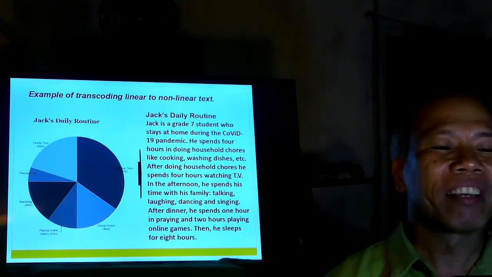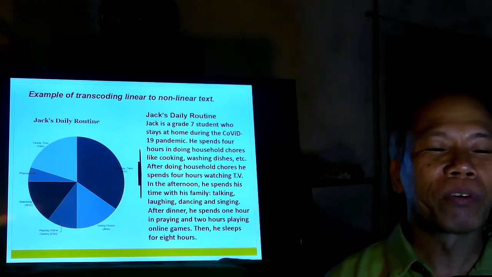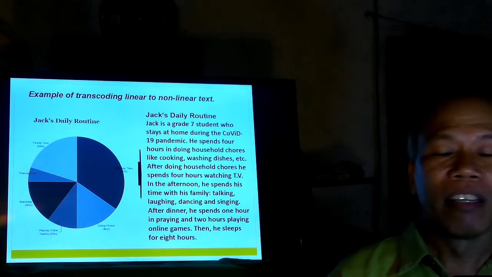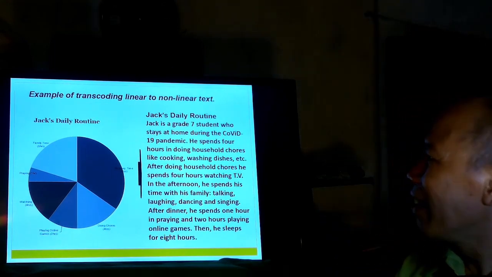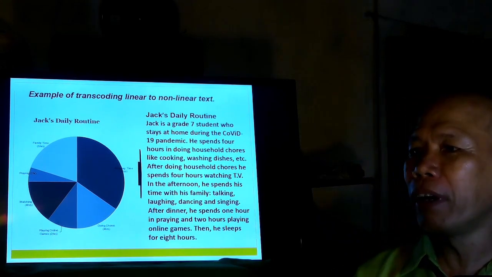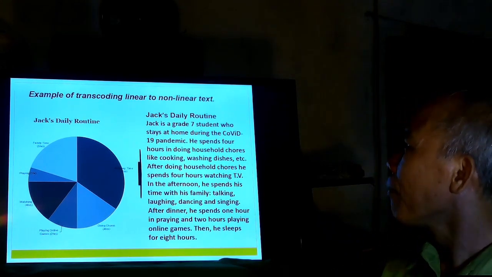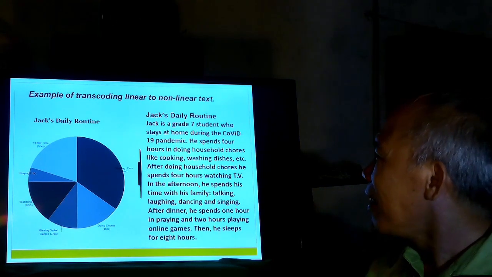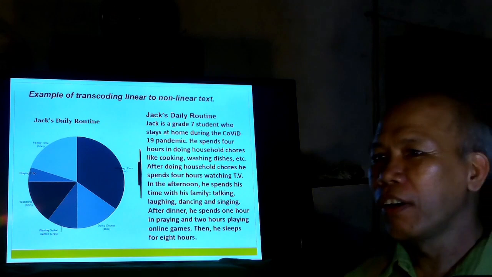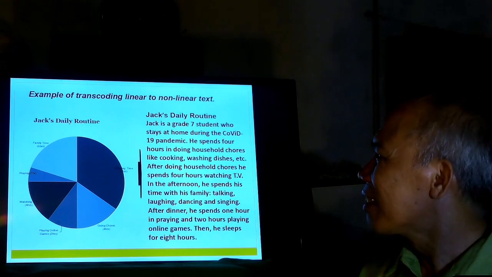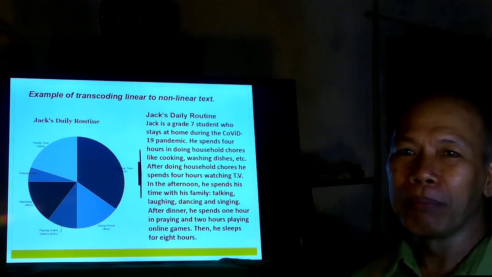And given again the example of transcoding linear to nonlinear text, we have there Jack's daily routine. As presented, you have the pie graph, and on the other side you have the linear text of what is being presented in Jack's daily routine in the pie graph.